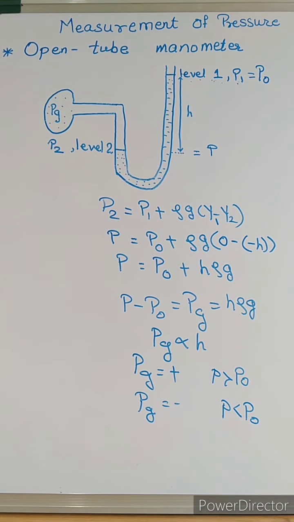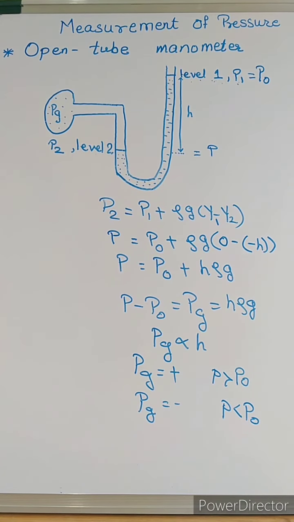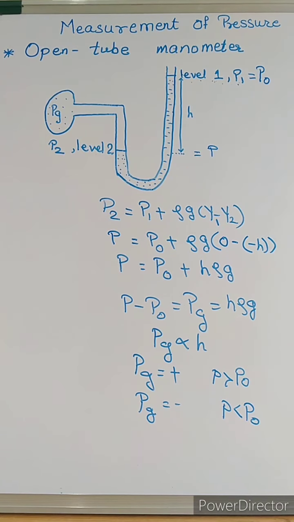For this you can refer to my last video on fluid at rest. If we solve this, we get P is equal to P naught plus h rho g. The difference between the absolute pressure and atmospheric pressure gives the gauge pressure, which is equal to h rho g. From this equation we can write that Pg is directly proportional to h.